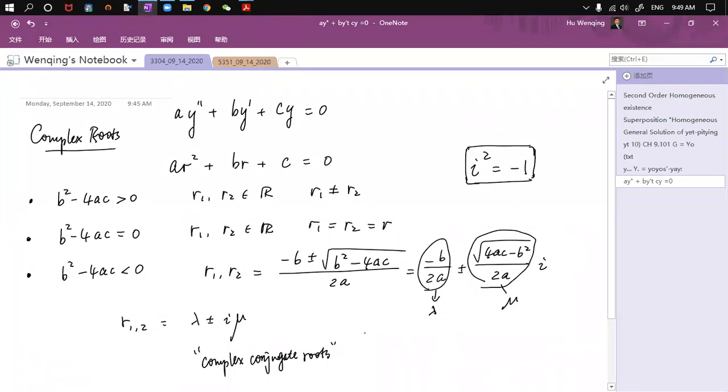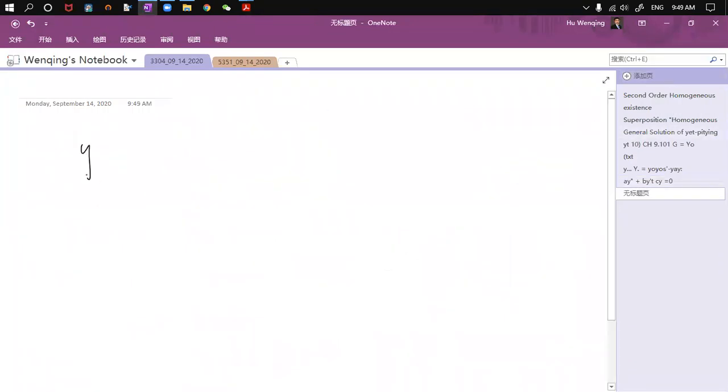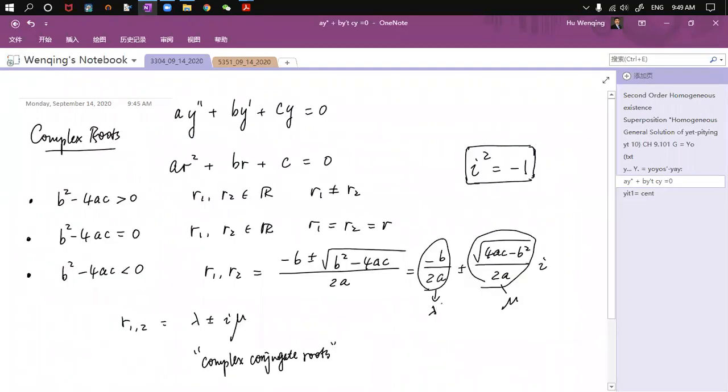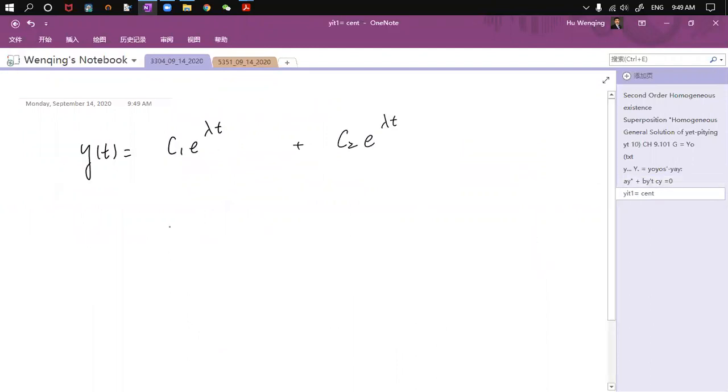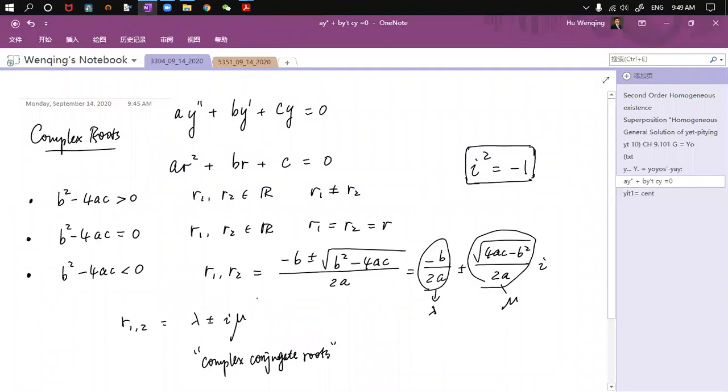So the general solution is going to take the form y of t equals c1 e to the power of lambda t plus c2 e to the power of lambda t. Real part enters the exponential means that lambda is the real part, which enters the exponential. And the complex part enters sine and cosine.